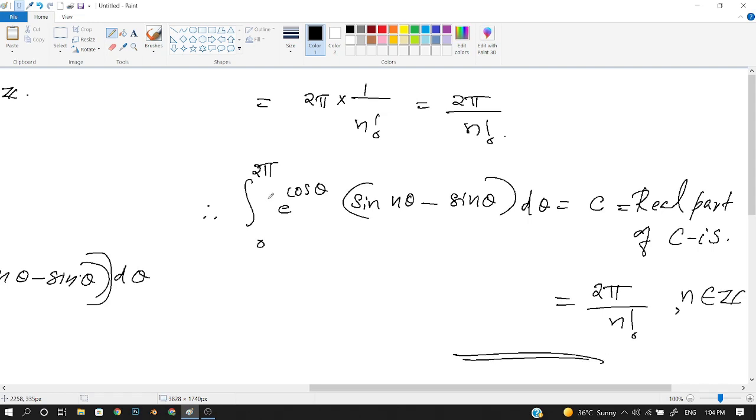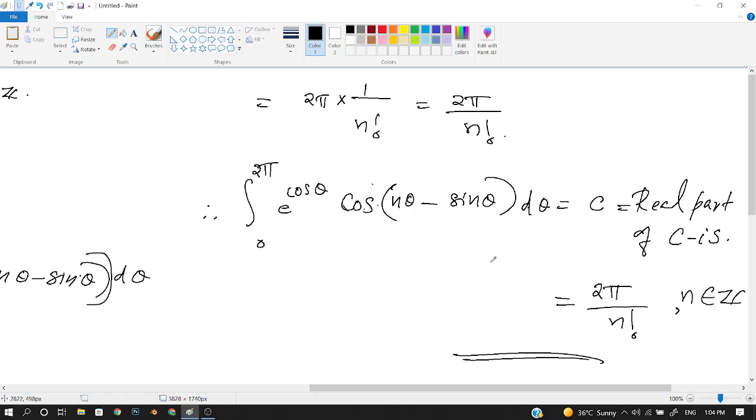Now our question is integral 0 to 2 pi e raised to cos theta cos of n theta minus sin theta d theta.